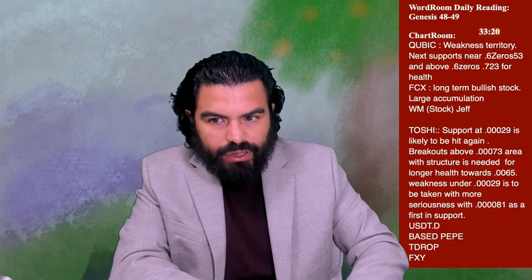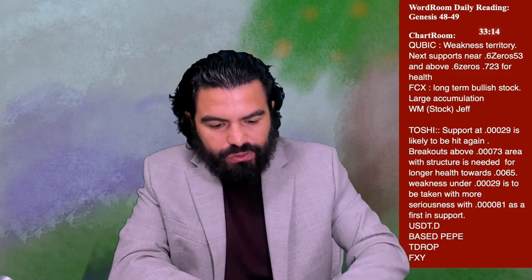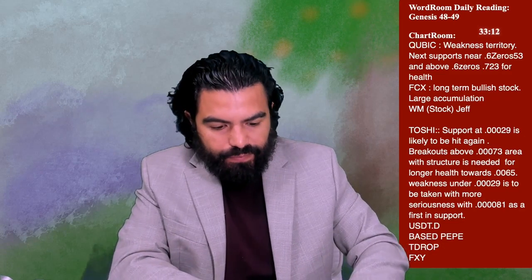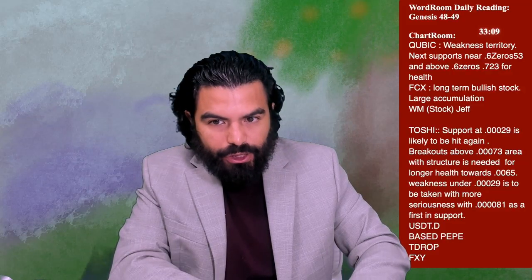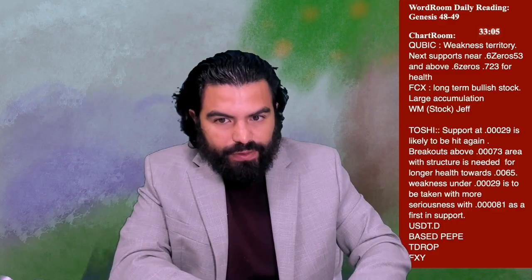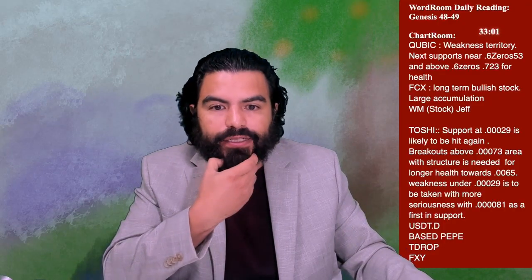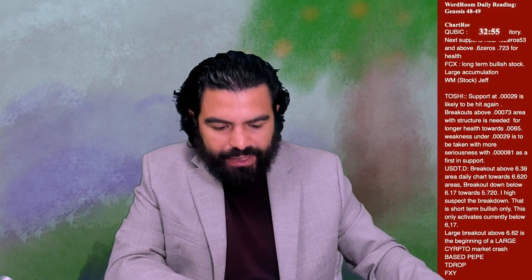Large crash: a large breakout above 6.62 is the beginning of a large crypto market crash. Okay. Yep. So that's basically the analysis. Now that's a lot, so I'm going to shorten that up or put it all on a different page.